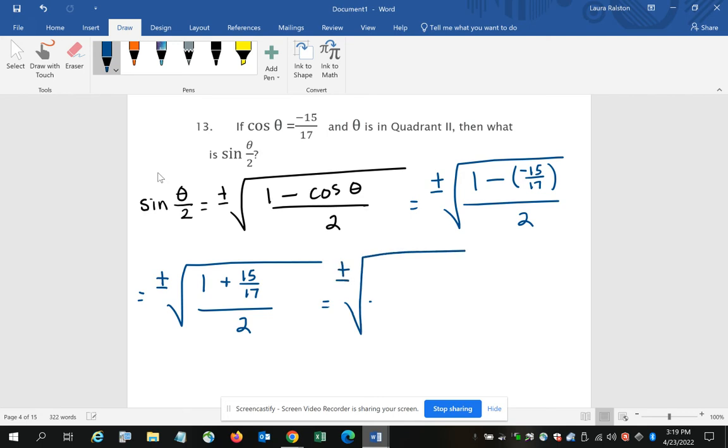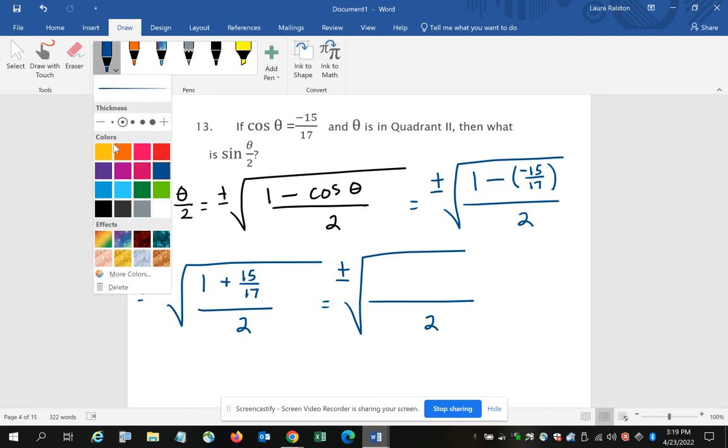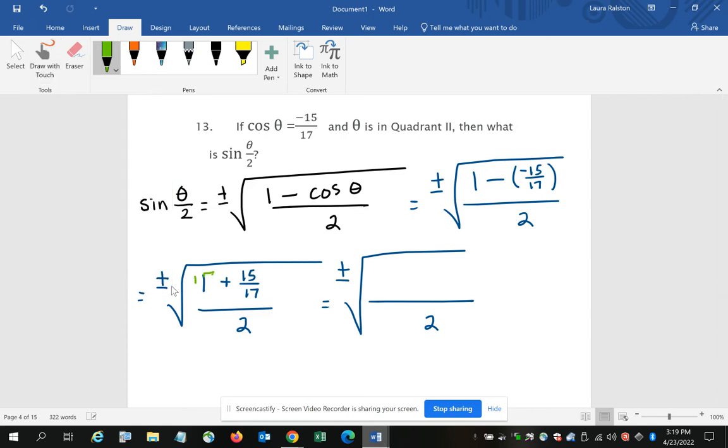So plus or minus, and I need to add those things in the numerator together. So remember, 1 whole is 17/17. So we have 17 as our common denominator, and 17 plus 15 is 32. So we have 32/17 divided by 2.